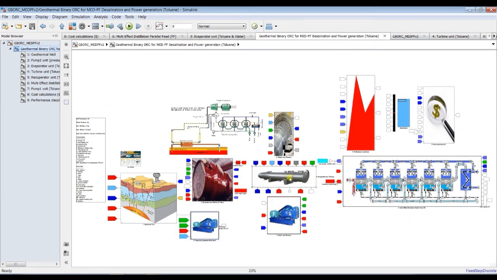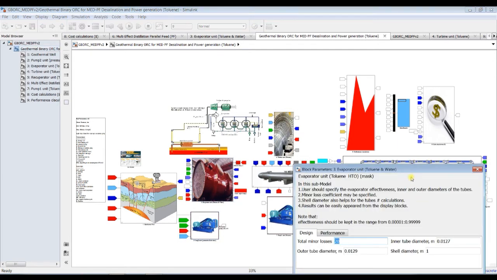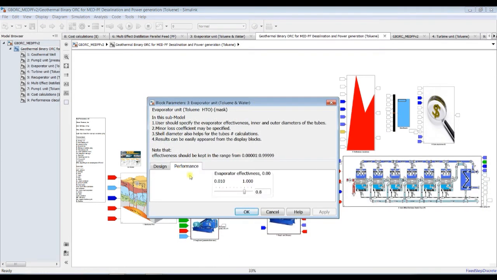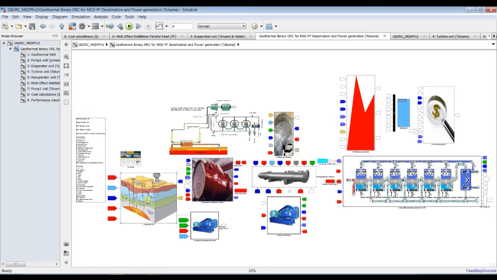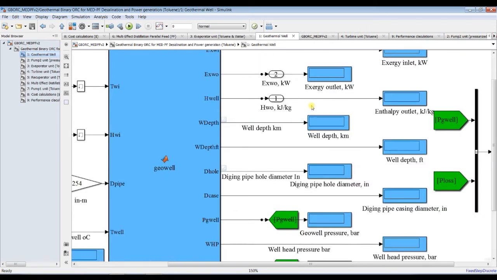Okay, let's go for MED, and sure, we can assign here effectiveness for the boiler heat exchanger unit. It's quite interesting. This parameter is so important because it will affect the top geothermal temperature and the depth of the geothermal well.